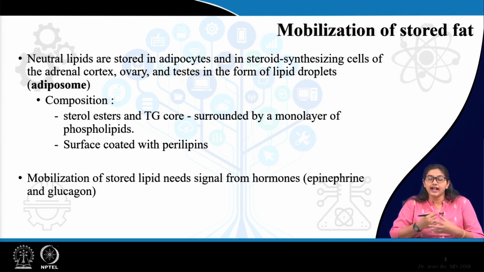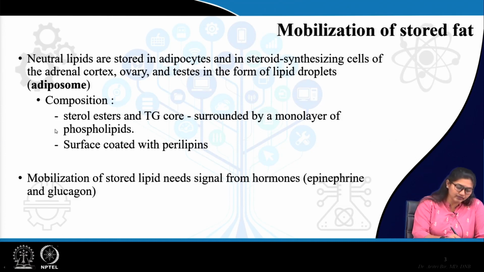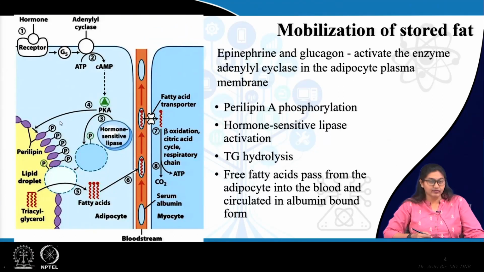Now, what is an adiposome? Adiposomes are lipid droplets actually. In the central core there are more hydrophobic lipids like sterol esters and triacylglycerol. These form the core, and this core is surrounded by a monolayer of amphipathic lipid, that is phospholipid.